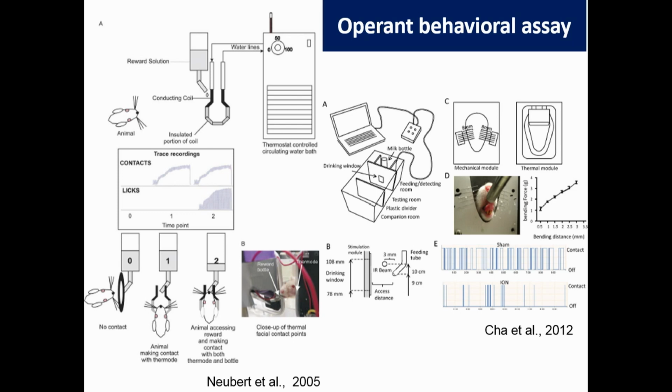The nice thing about this is the animal is trained to get a reward, but in order to get the reward, they have to go through a thermal probe or a mechanical barrier. In the normal situation, without pain, they are motivated to get those rewards. But after injury, they make much less effort. That suggests pain. So this is another method to assess pain in rodents.